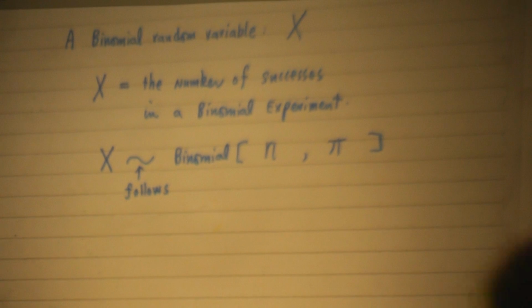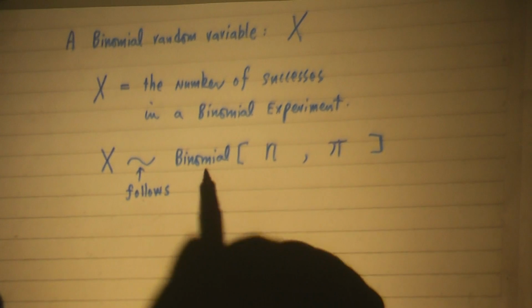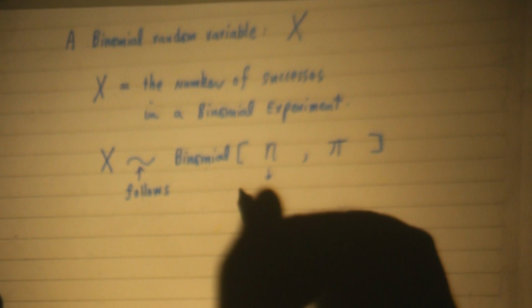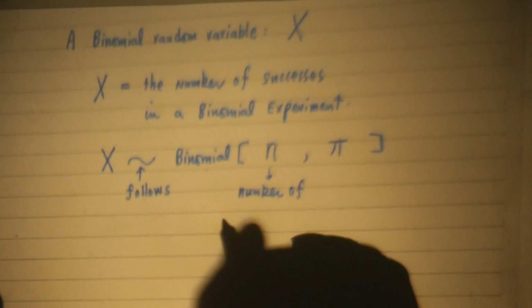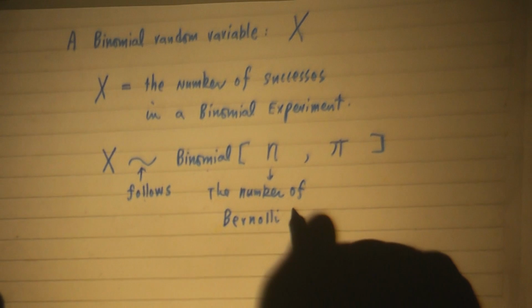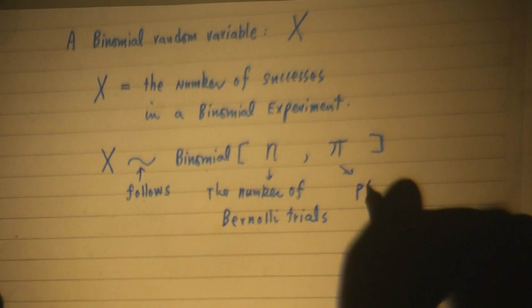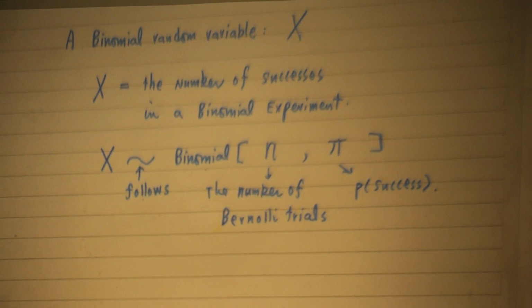So when I say a binomial random variable, when I say X follows a binomial distribution, there are two population parameters. n is the number of Bernoulli trials, and pi is the probability of getting what? Success. Okay? So this is how we define a binomial random variable.